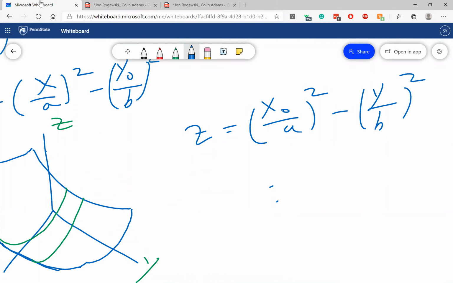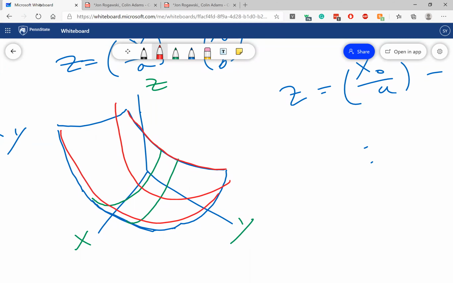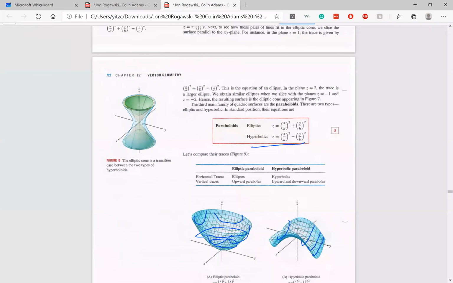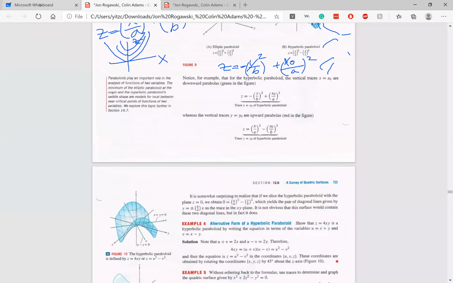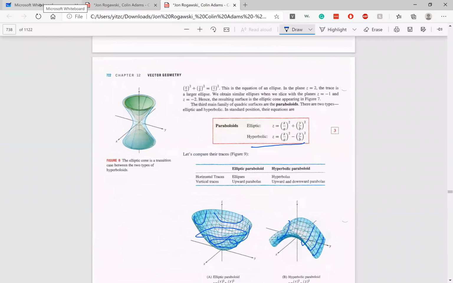And these are going to be these parabolas over here. Well, let's do red, this parabola, and this parabola. As x0 gets bigger, they keep falling. Oh, sorry, it's not correct. I just didn't draw this correctly. But anyway, there are these parabolas over here.